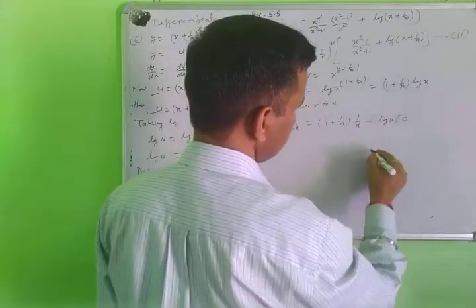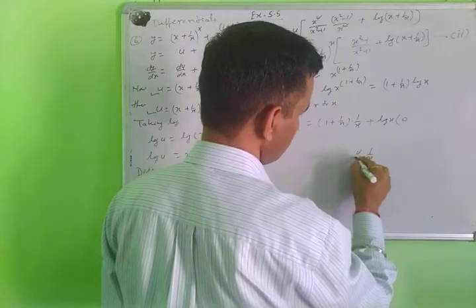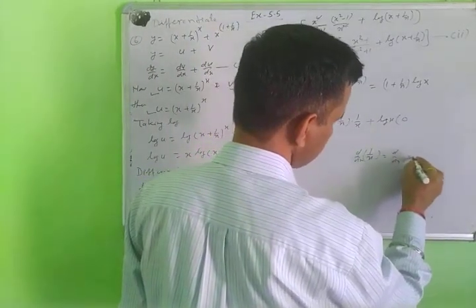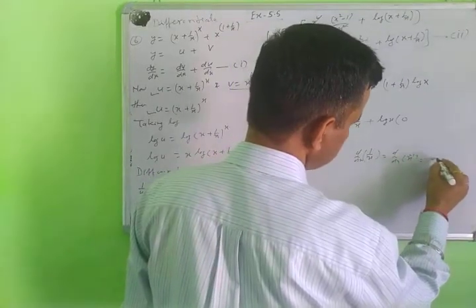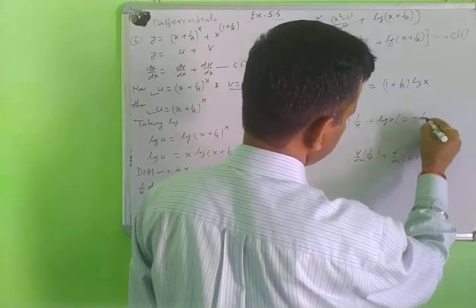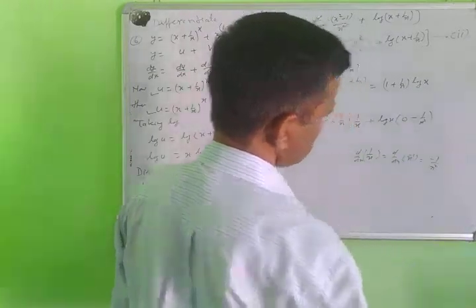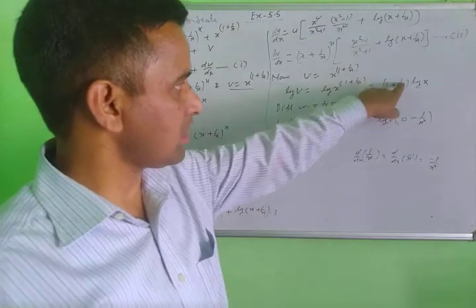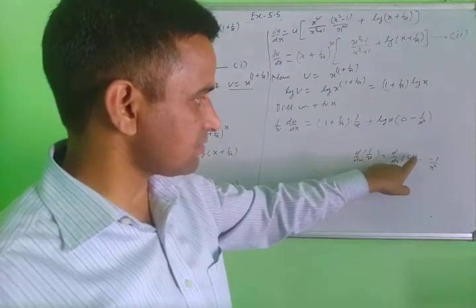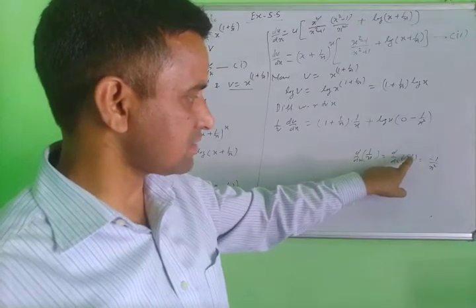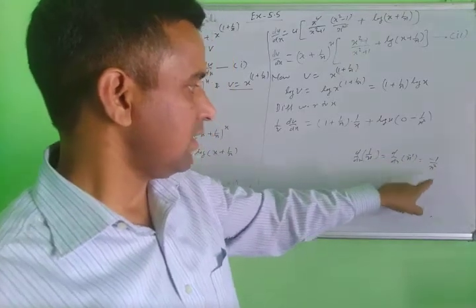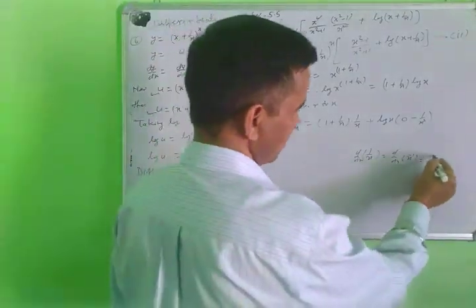How to solve this? I have already solved it: d over dx of x to the power minus 1 is minus 1 upon x to the power 2. If you differentiate 1 upon x this way, you write x inverse, x to the power minus 1, and then differentiate it. You will get this value, then put it here.